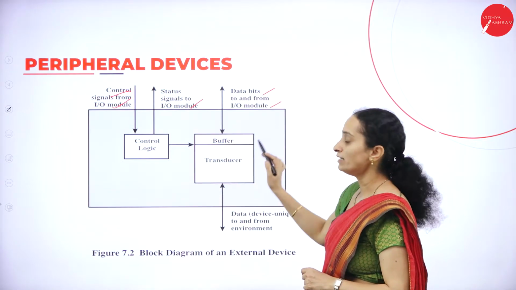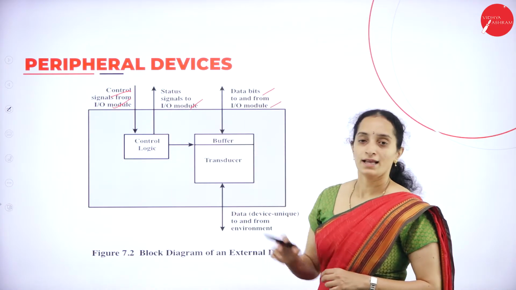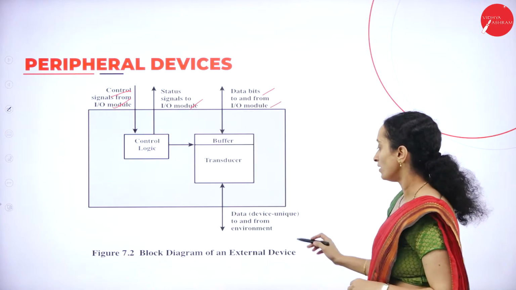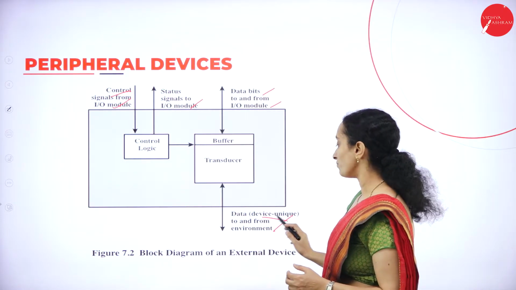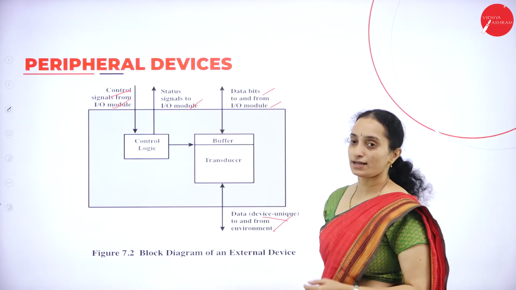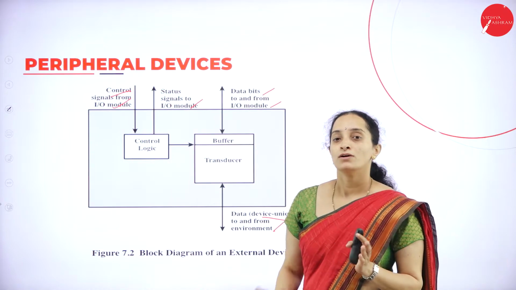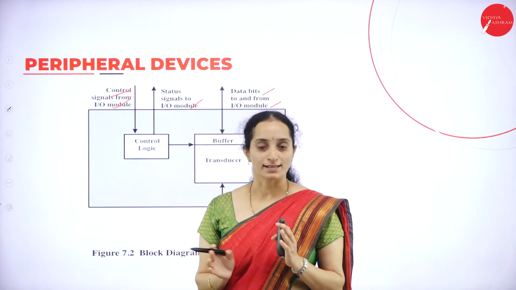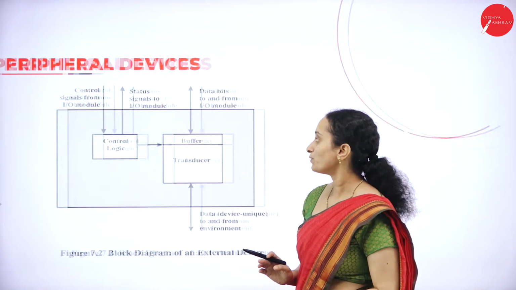We have the buffer and transducer which communicate with the input-output module. Now we have this data to and from the external environment, which is communicated with the I/O module to move or transfer the data between different components of the computer.